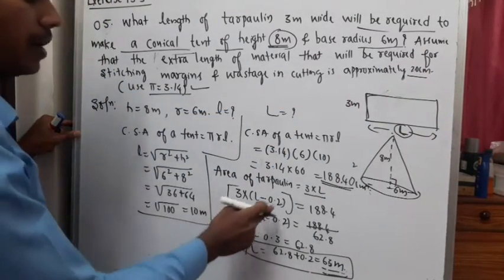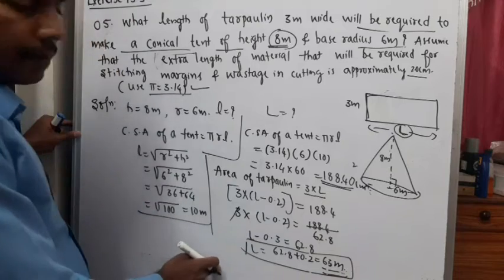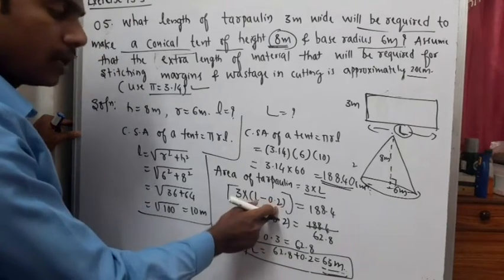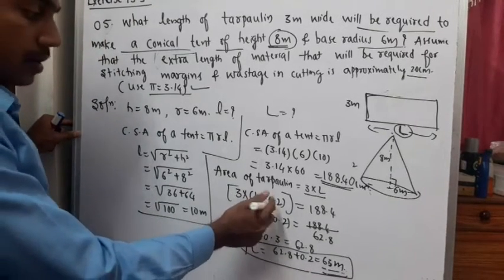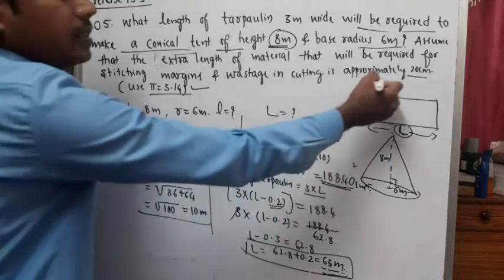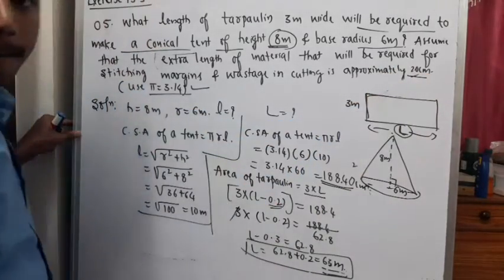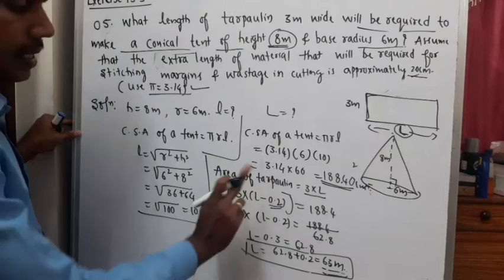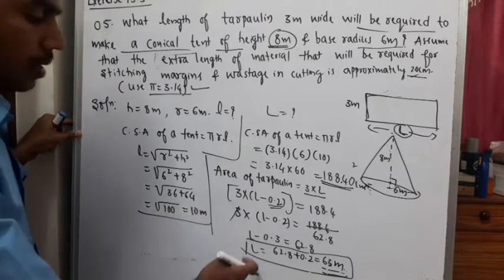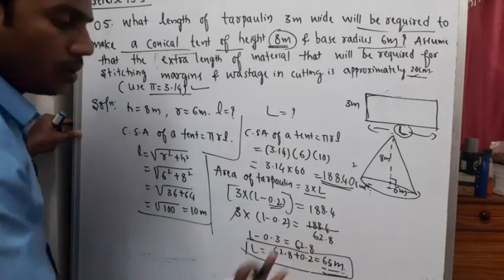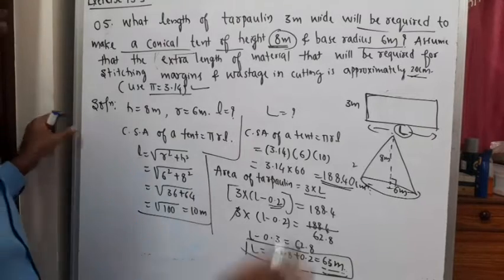So L minus 0.2, because all the dimensions are in meter. So I should keep this area which is wasted also in meter. That is the reason I have written 0.2. So the length of the tarpaulin is equal to 63 meter. Please note this down.